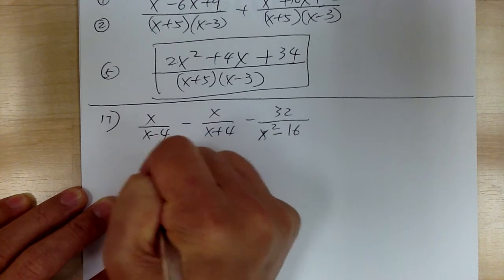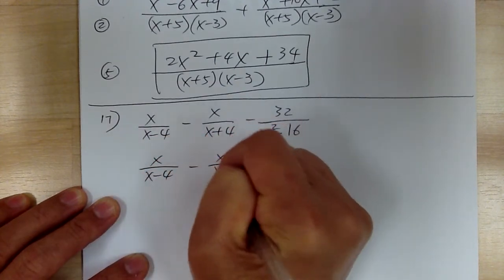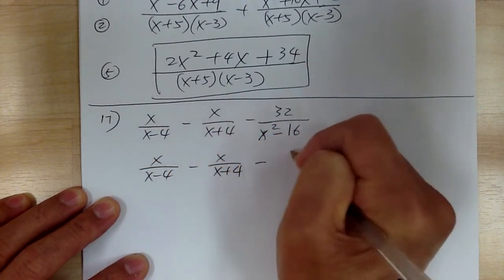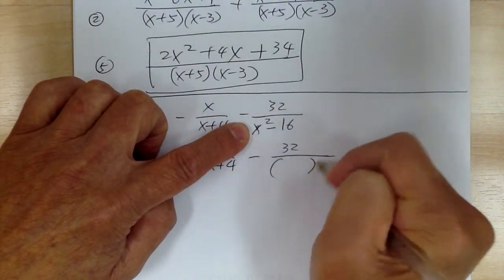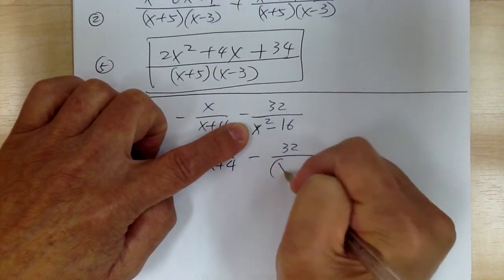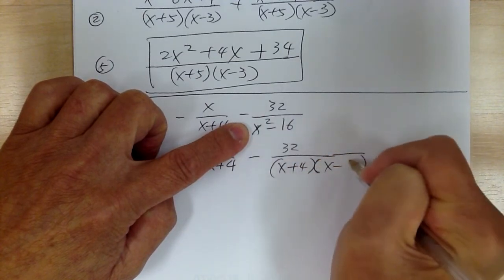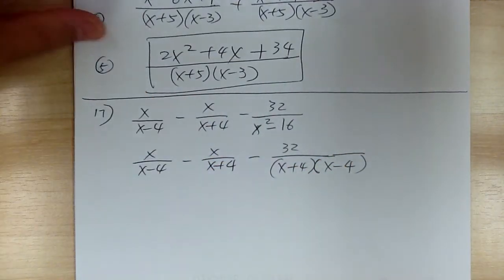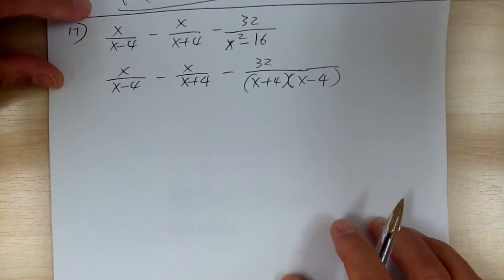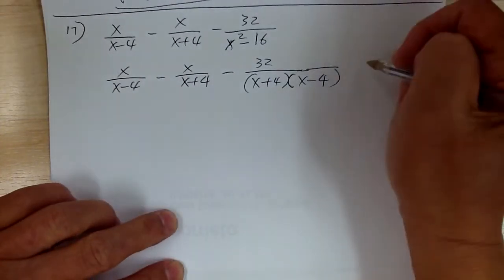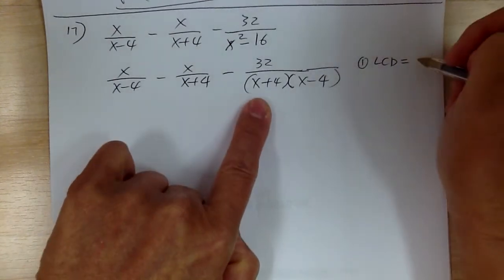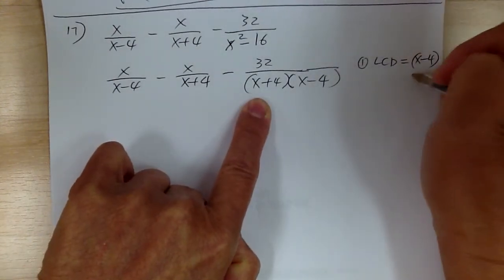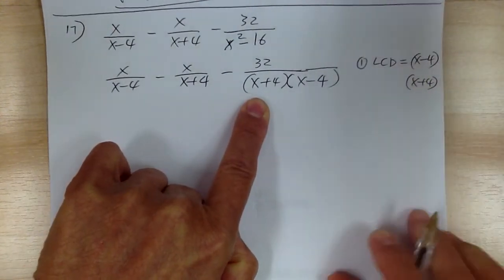So this one is your step 2a, the difference of squares, is factored into conjugates. So it'll be x plus 4, x minus 4. So once you're done factoring, then you can get your LCD. So step 1, LCD is going to be equal to x minus 4 and x plus 4.